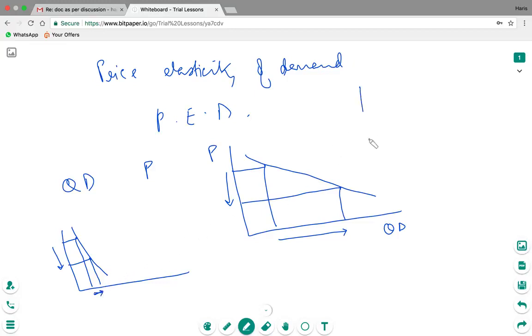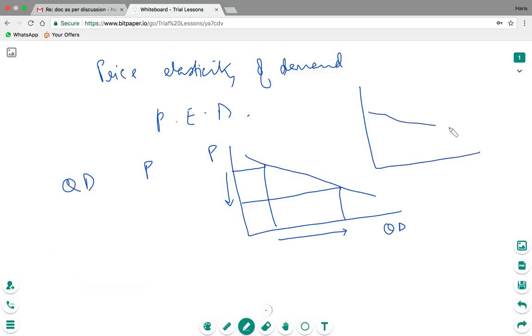However, when the curve is slightly more horizontal, a small change in price can result in such a big change in quantity demand. And that's what you call an elastic demand curve, i.e. the quantity demand is very responsive to changes in price. And you have an inelastic demand curve where the quantity demand is not very responsive.